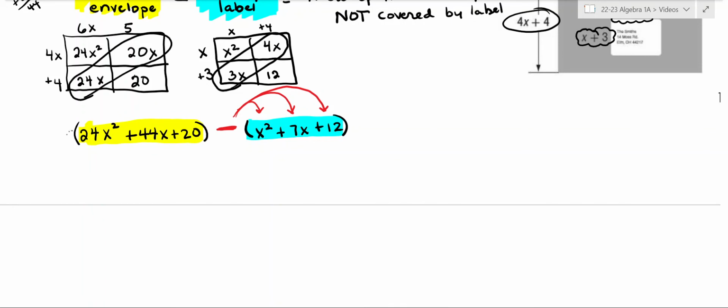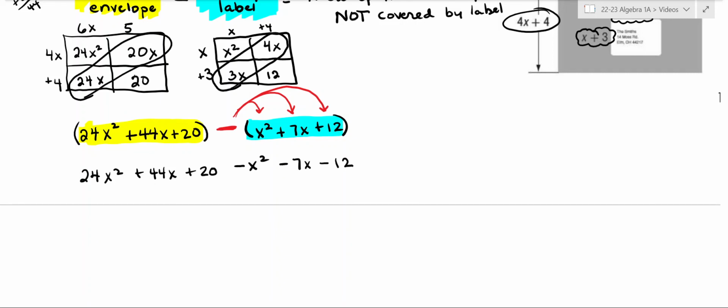There's an understood 1 out here, so then we can just ignore those parentheses. But this is going to be negative x squared minus 7x minus 12.